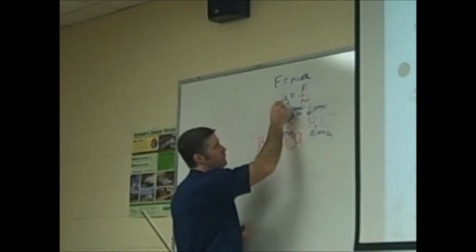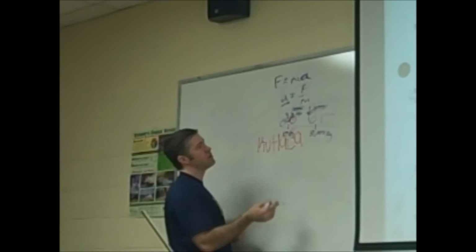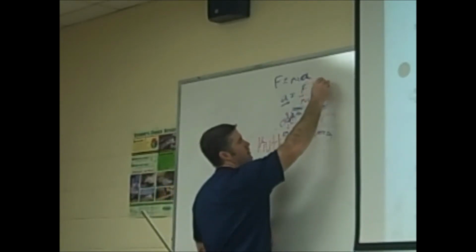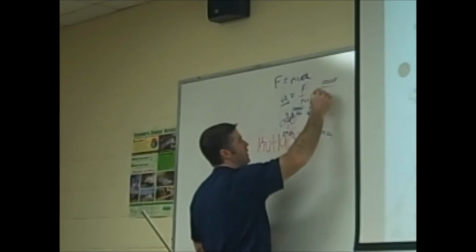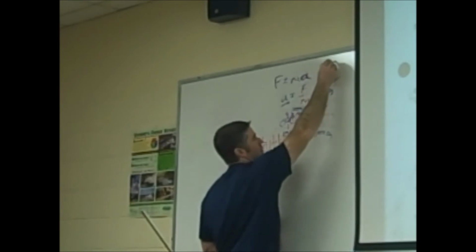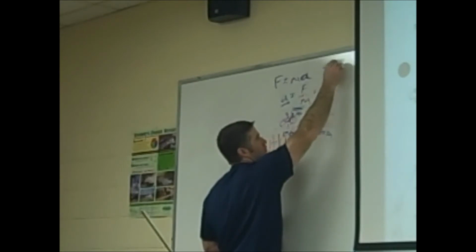So if you want to see what the acceleration of both of these things is going to be, for the bike it would be 1,000 divided by 10. And for the bus, you would have 1,000 newtons of force divided by 10,000 kilograms.